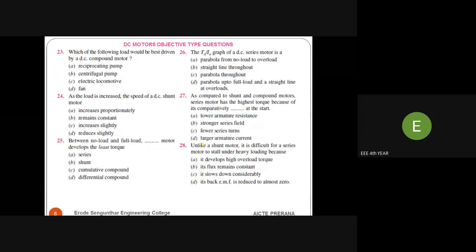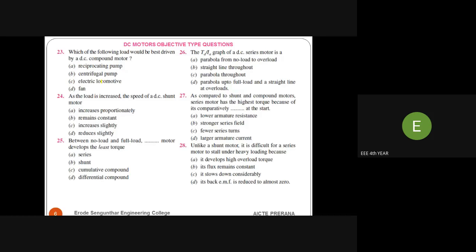Next, question number 23. Which of the following loads would be best driven by a DC compound motor? Option C is a reciprocating pump. A DC compound motor is for the purpose of a reciprocating pump.